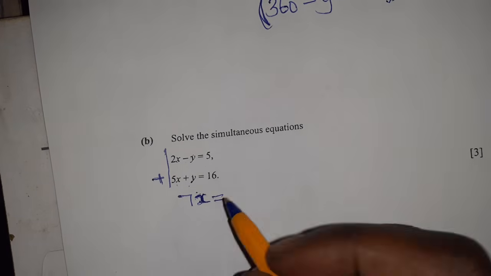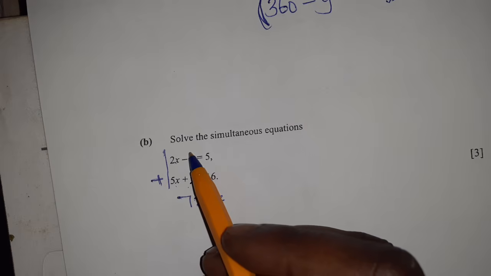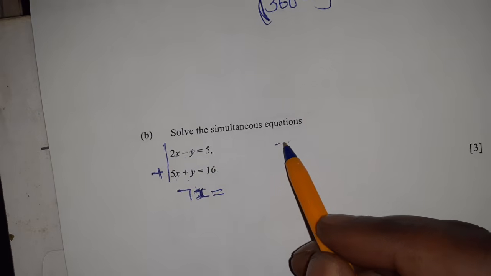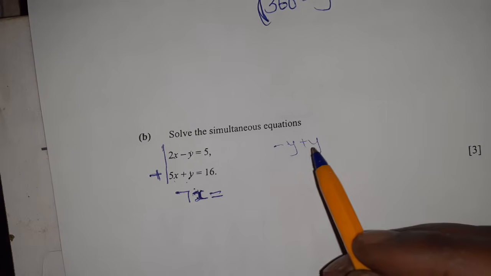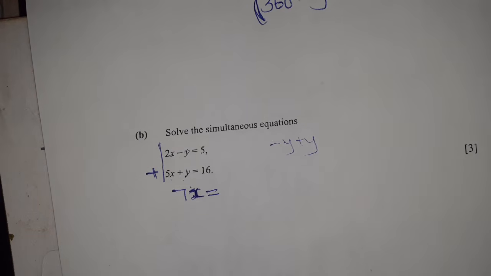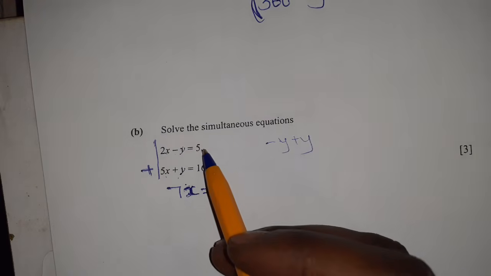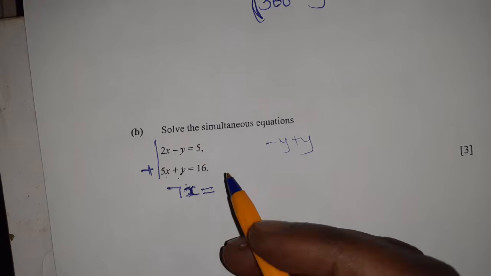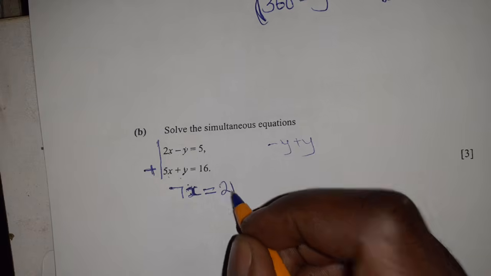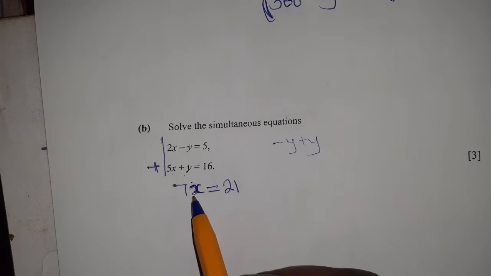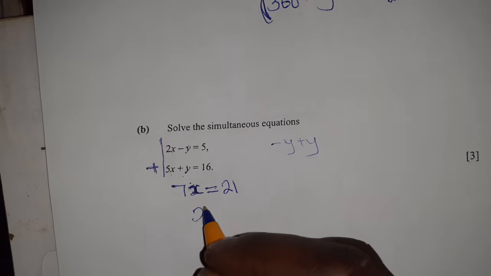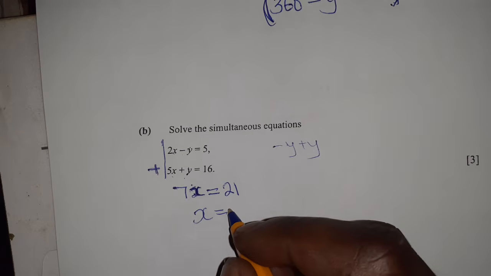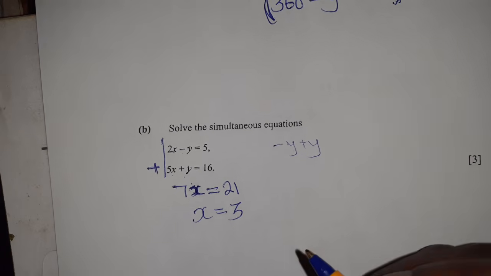We are eliminating y, so when we add -y plus y, this gives us 0. Then you add these two here, and this gives you 21. To get the value of x, you divide both sides by 7, and that is obviously going to give you 3.